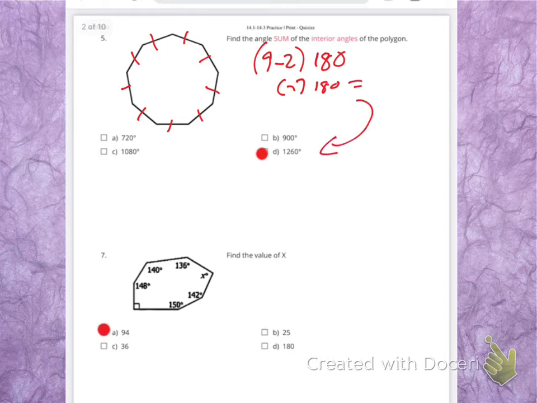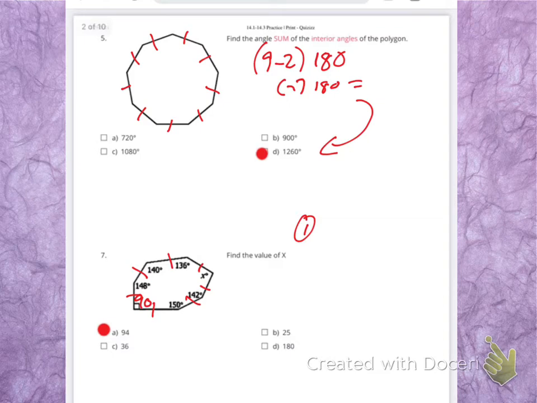Find the value of x here. So we know this is 90 degrees in this corner right here. By knowing that, there are 2 steps. First step is we're going to have to count the sides. There's 1, 2, 3, 4, 5, 6, 7. So there's 7 sides. I have to find out what all of these angles added up together are going to be.